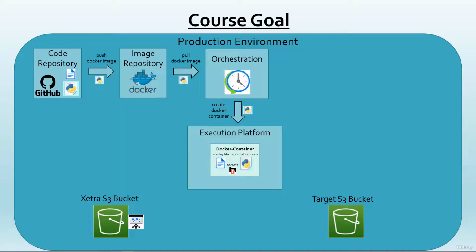The goal of this course is to write an ETL pipeline in Python Pandas that will be ready to be used in a production environment. We are going to implement best practices for coding in Python and executing robust ETL jobs. The production environment we are going to use consists of a GitHub code repository, a Docker Hub image repository, an execution platform such as Kubernetes, and an orchestration tool such as the container-native Kubernetes workflow engine Argo Workflows or Apache Airflow.